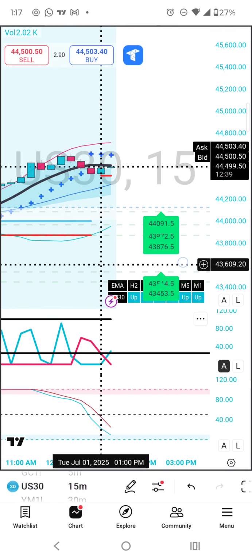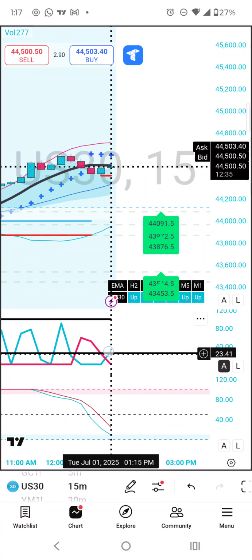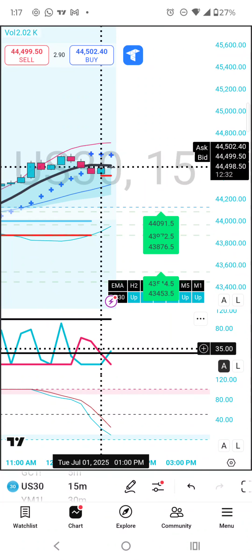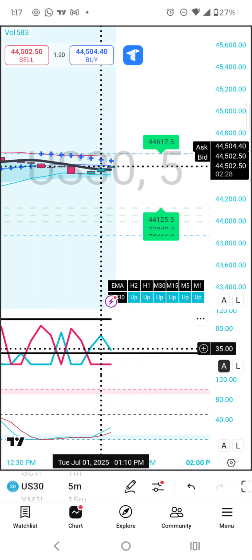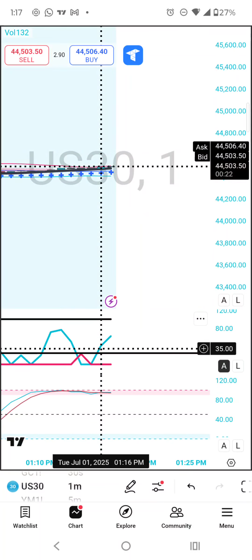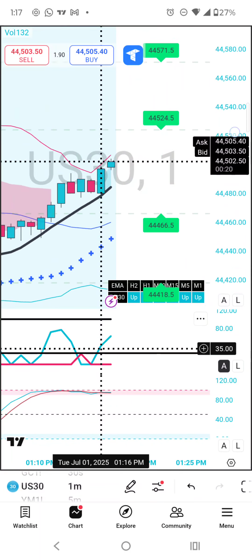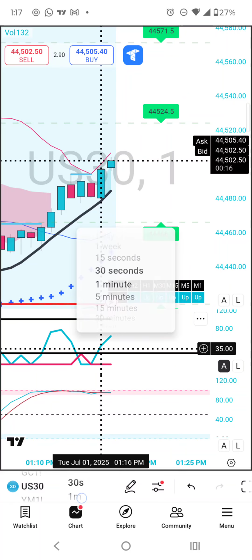Looks like ADX is waking up. 5 is coming from oversold. 1 minute is overbought.